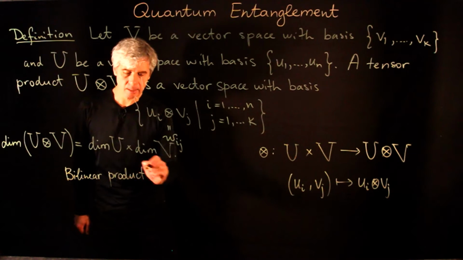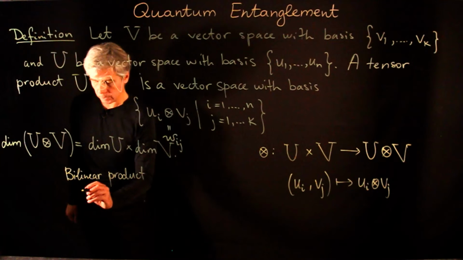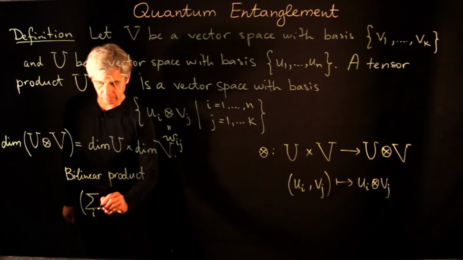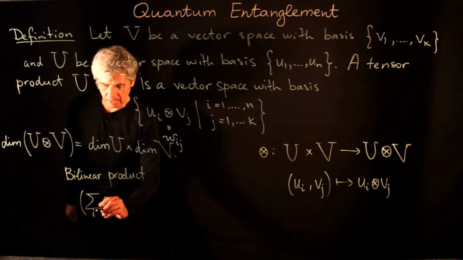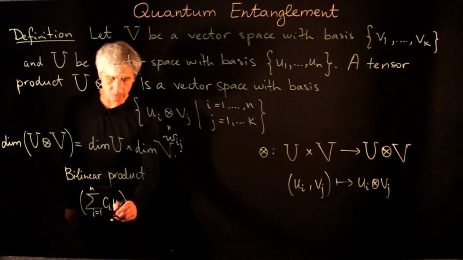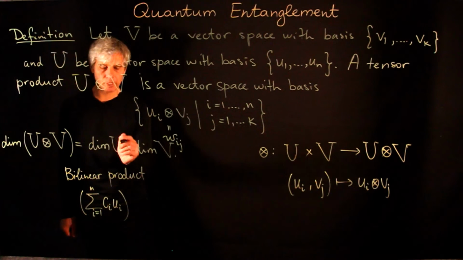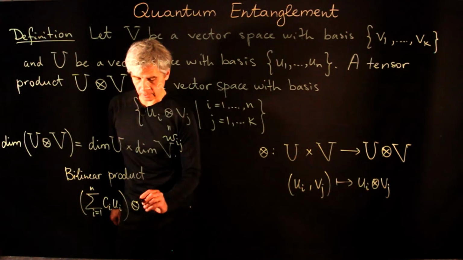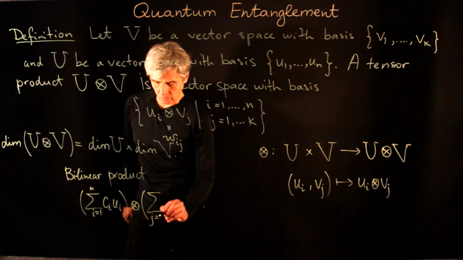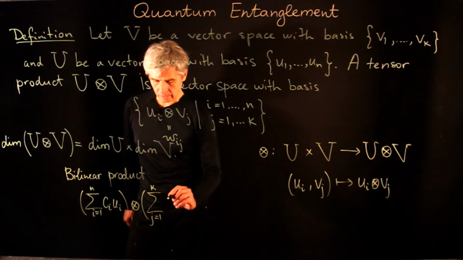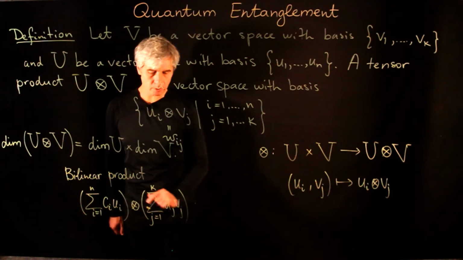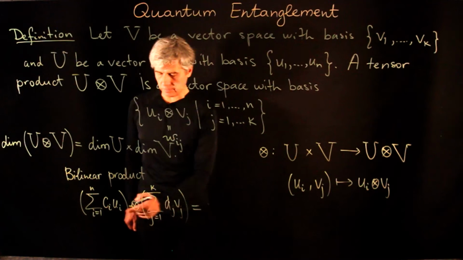This means that if we multiply sums or linear combinations, so suppose instead of just Ui we have a sum, i goes from 1 to n, ci Ui, which is a general vector from space U, and we take the tensor product with the sum j goes from 1 to k, dj Vj, then the tensor product of these vectors is defined by bilinearity.